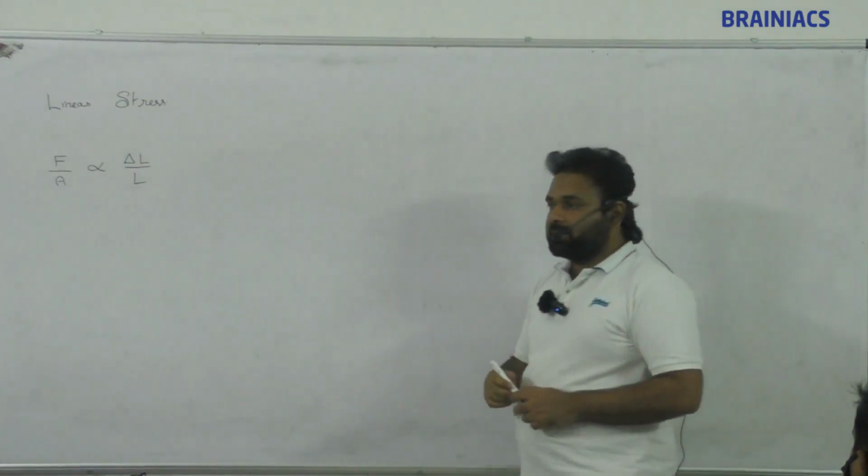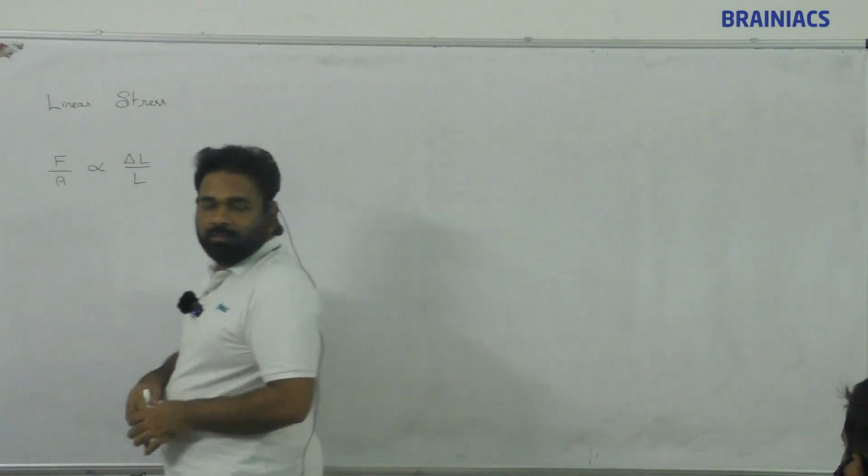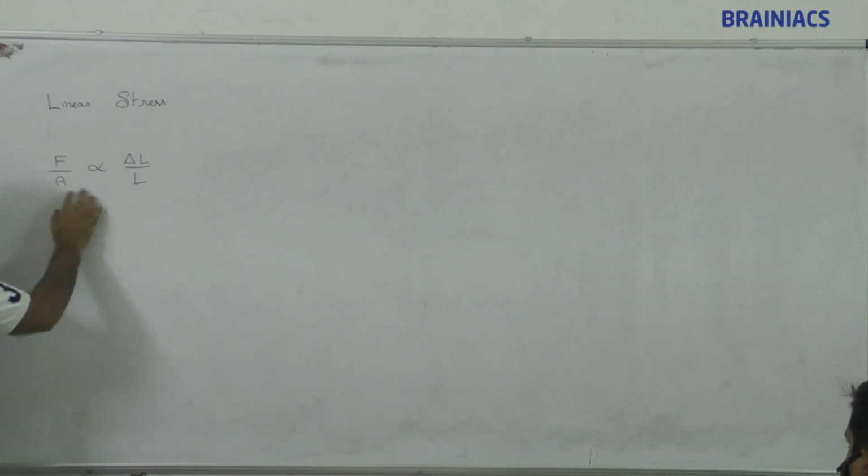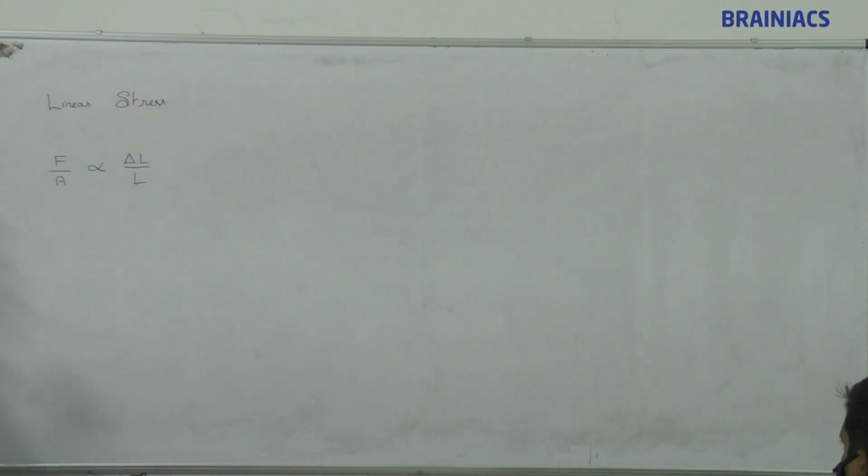If we increase the stress, the change in dimension divided by original dimension also will increase. Correct? So suppose when we do this, is it possible to equate these two? No, some other factors are also coming.